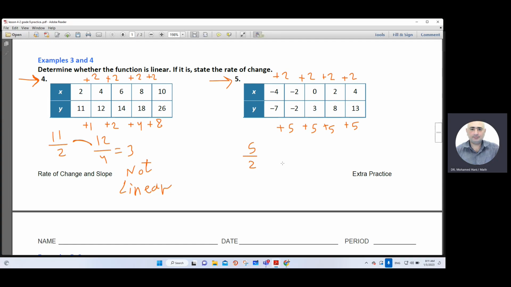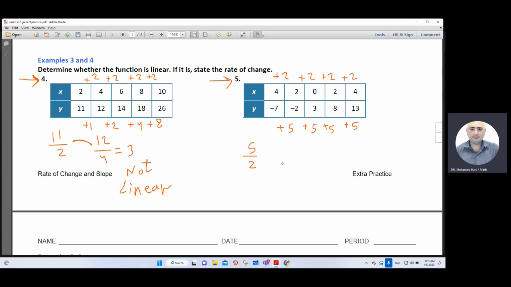Keep it as a fraction because this is a ratio. What is the difference between rate of change and slope?